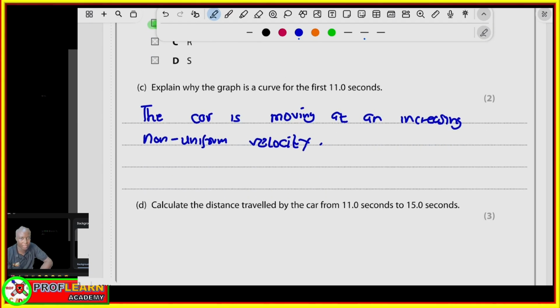In that way, its speed is not constant. Speed is changing non-uniformly.